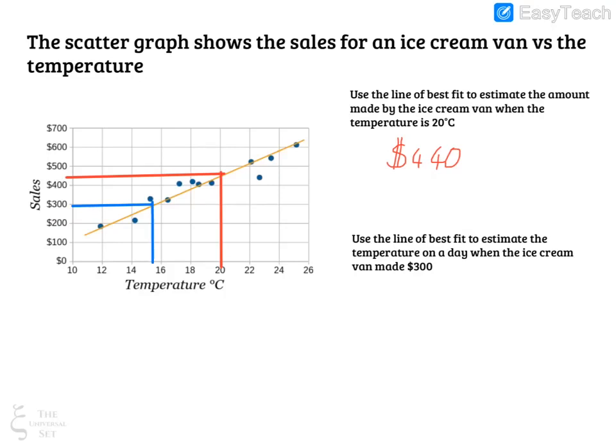So we're part of the way in between 14 and 16. 15 would be about here, so maybe it's 15 and a half, let's say 15.5 degrees Celsius. We start with the bit we know, $300, we go over to the line of best fit, and we come down and see roughly where we are, because we're making an estimate.